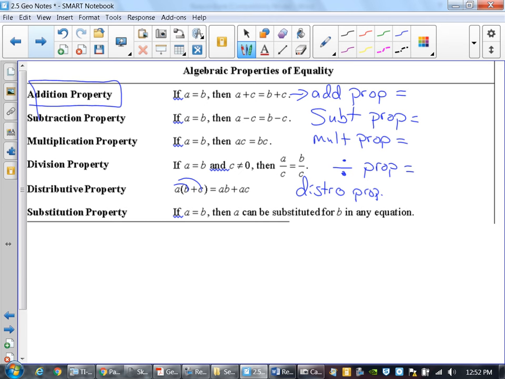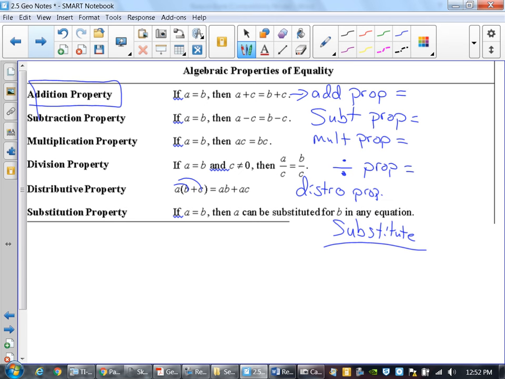And the last one is what we call substitution. Substitution is one of these steps that you're going to see so many times in these types of problems. We're going to call it sub. I don't abbreviate it. I just write substitute. And substitute just means you're putting in something for something else.